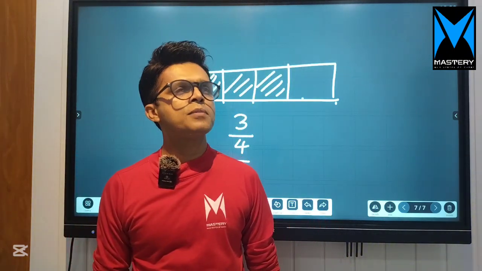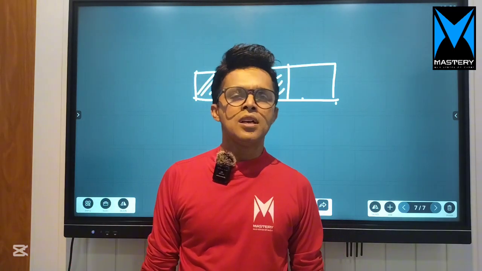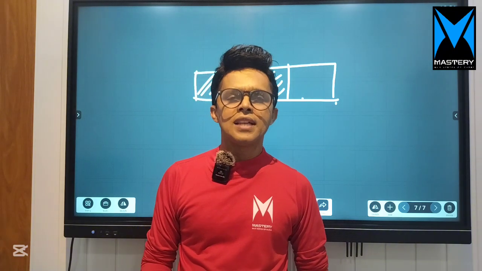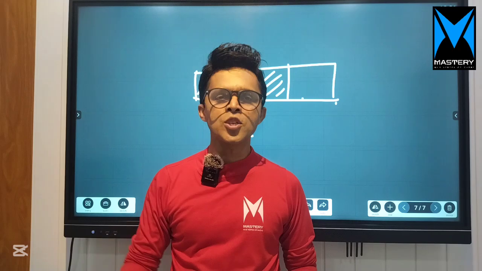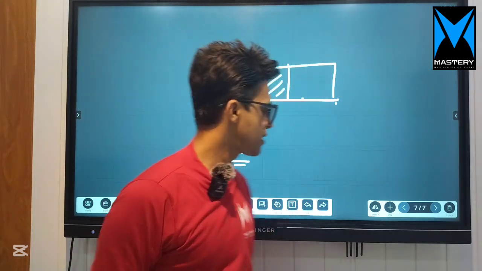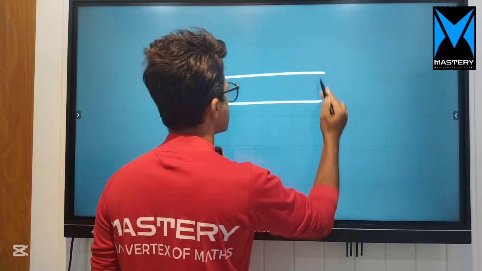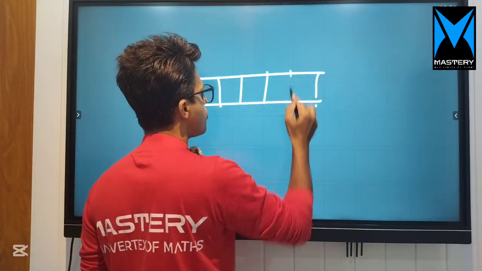Just imagine your father has brought a loaf of bread. The bread is cut into 5 equal parts: 1, 2, 3, 4, 5.